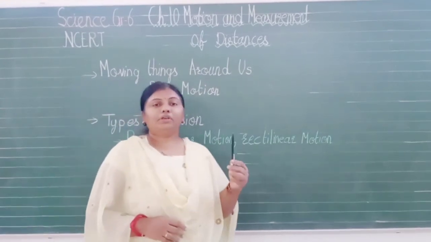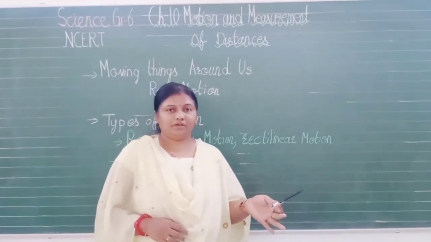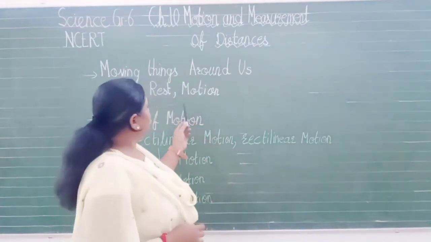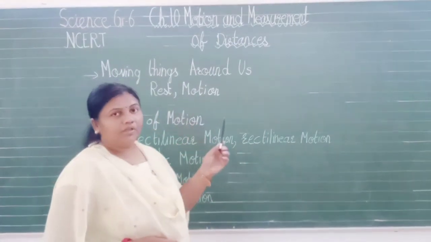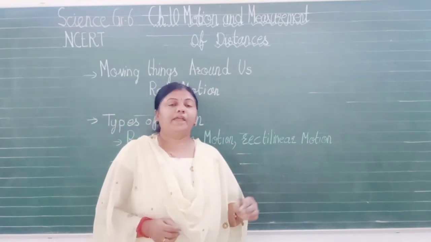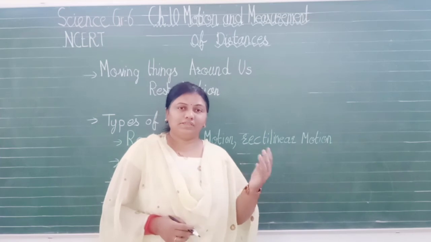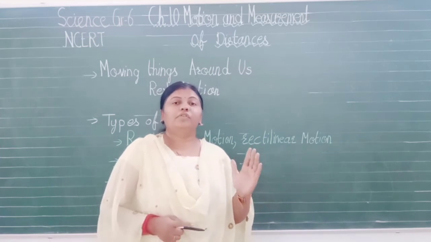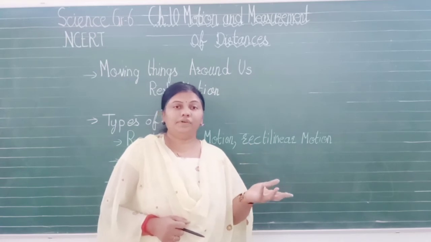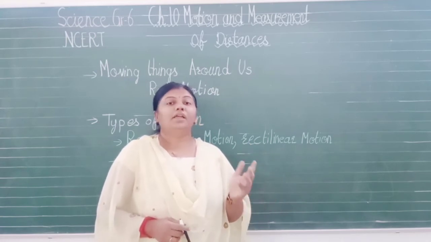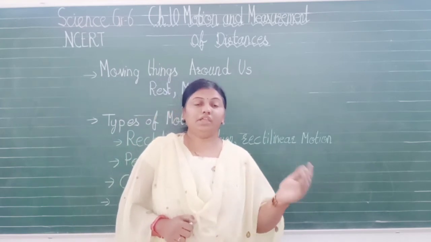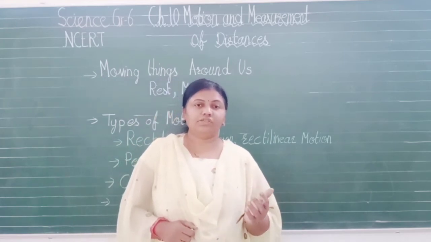But a butterfly is flying in the garden. Then we can say that it is in motion. Okay? So what is the position of the butterfly? It is in motion, and the position of the bird, it is at rest. So when things are in motion, you can also find different kinds, isn't it? In the last chapter we have seen the gait of animals, isn't it? What is gait?